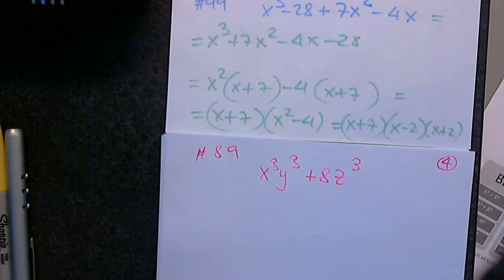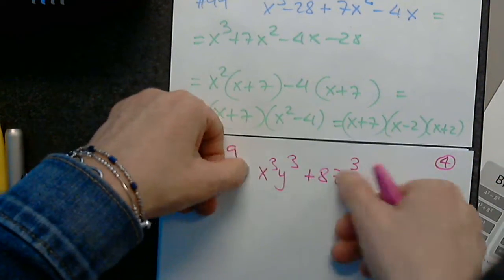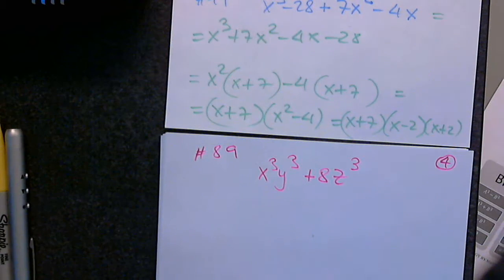First of all, I know it's a binomial. When it comes to descending order, the jury's out, because there are 3 variables. I think it's good enough. Okay, the degree of this is 6, the degree of this is 3, so yeah, it's in descending order. Greatest common factor, no, none whatsoever.